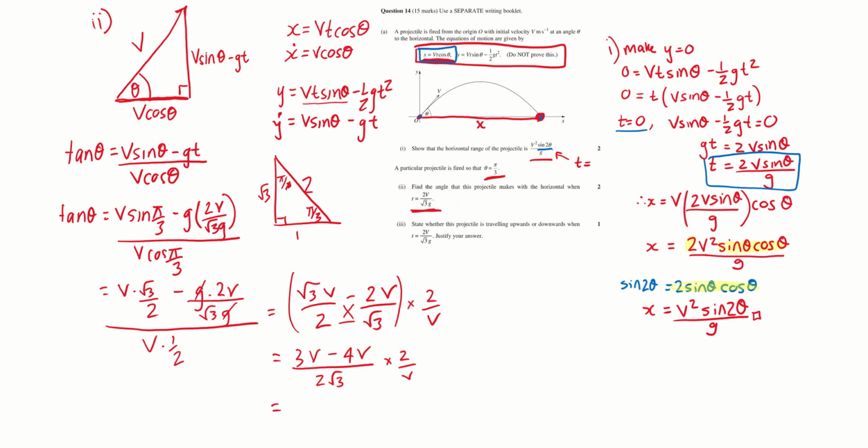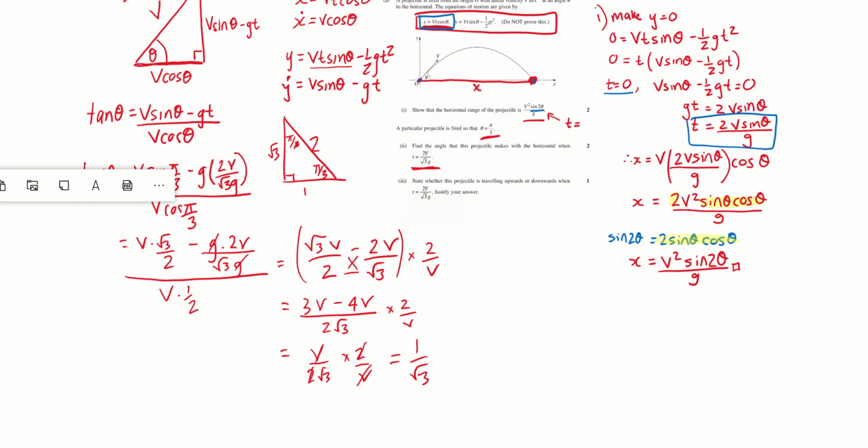And 3v minus 4v gives me 1v on 2 root 3 timesing by 2 on v. My v's will cancel, my 2's will cancel, which gives me 1 on root 3. Well, that's very nice. Okay, but remember, that's what tan theta equals.